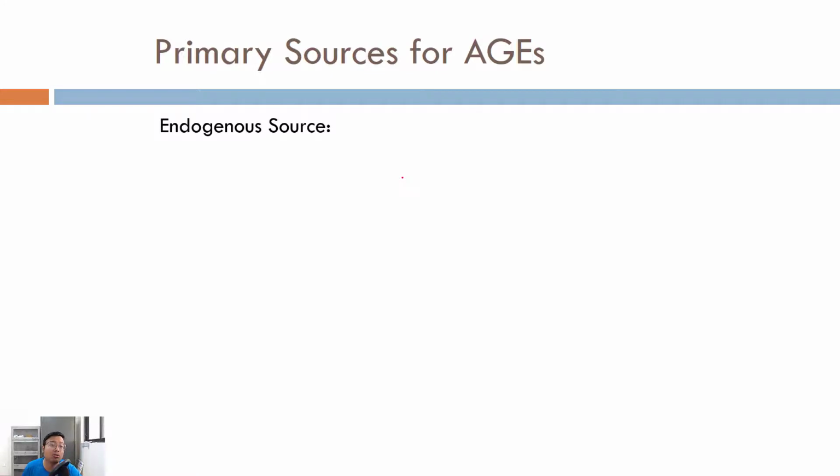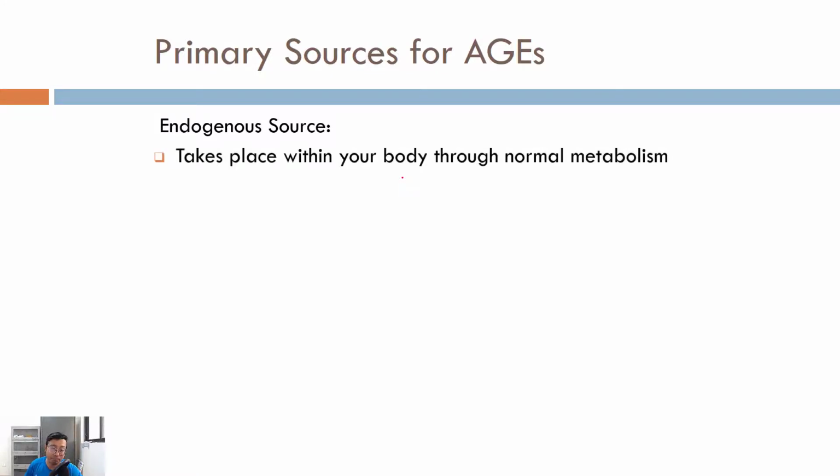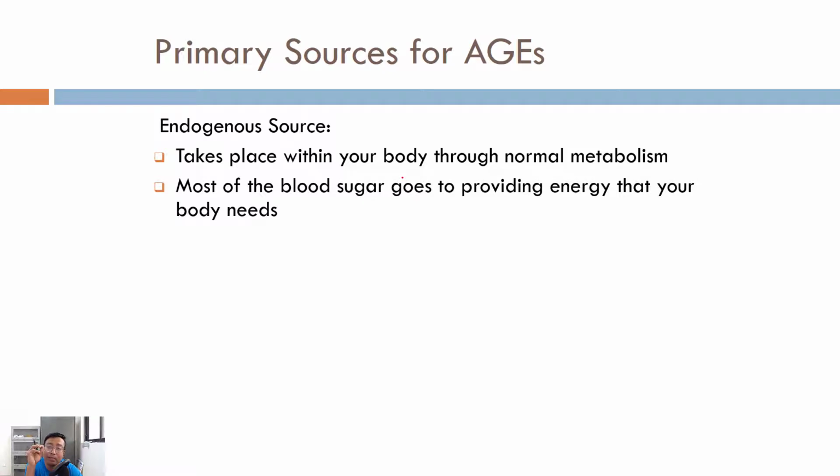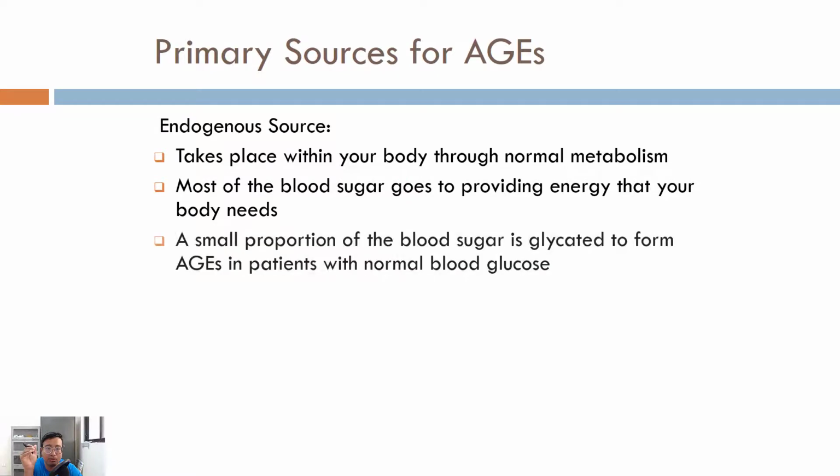Now, what are the endogenous sources? How is it produced in the body? Normally, it takes place in our body through normal metabolism, okay, but the amount is very low, because in our body most of the blood sugar provides energy towards the body's need, and a small portion of this is glycated to form advanced glycation end products in normal glucose.